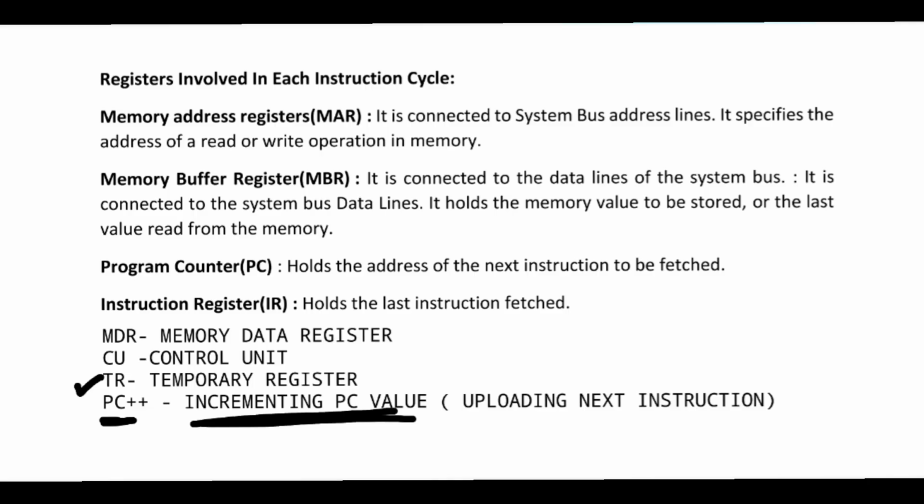First of all, suppose you are executing the current instruction 1, then the next instruction is instruction 2, and after instruction 2, instruction 3 will be executed. Instruction 1 is executing right now, and the program counter value is instruction 2's address.